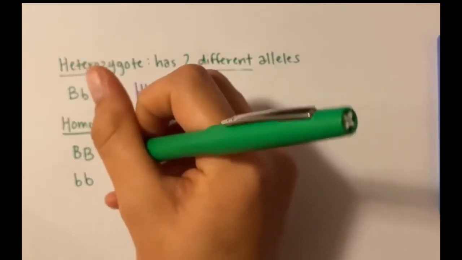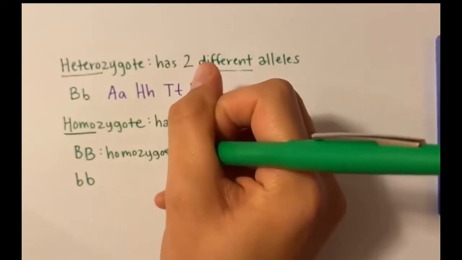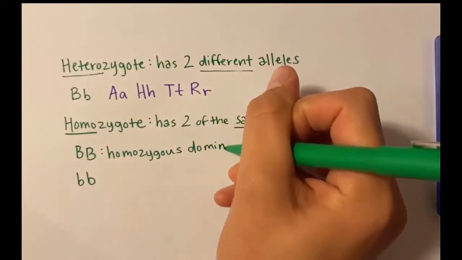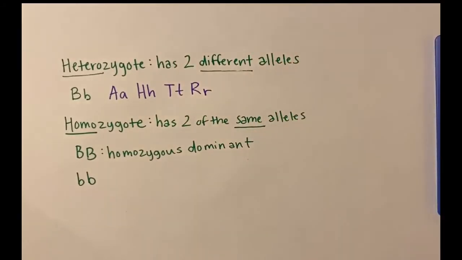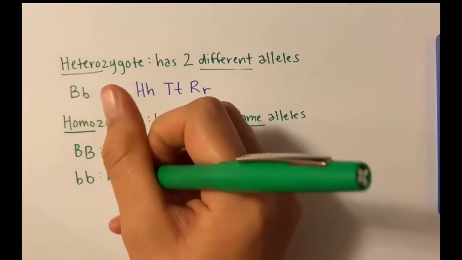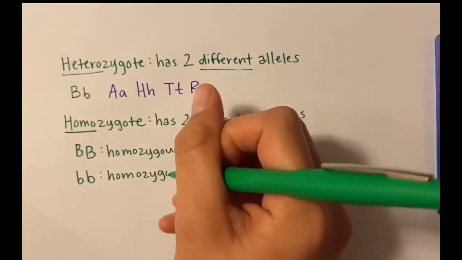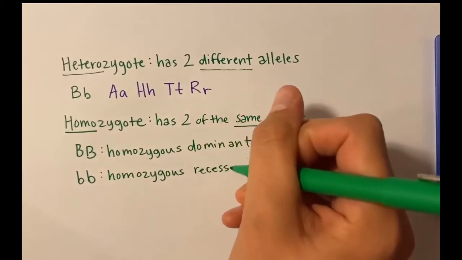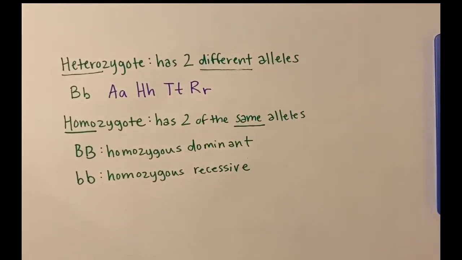To differentiate them, we call an organism with the genotype big B, big B homozygous dominant because of the dominant big B's. An organism with the genotype little b, little b, we call homozygous recessive because of the recessive little b's. And again, other genes can use other letter abbreviations.